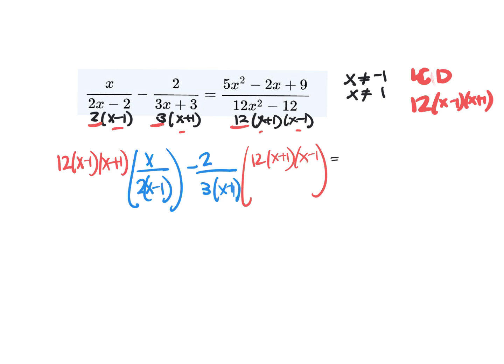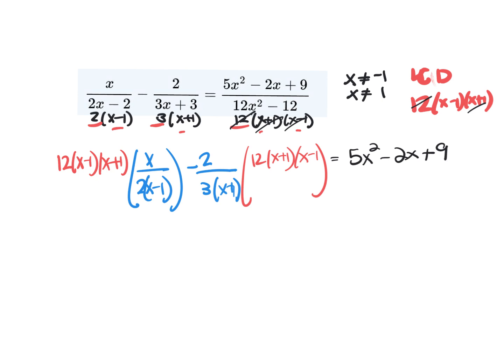And then we're going to have to multiply the last part of the equation by the lowest common denominator. And we can actually see that the 12 will cancel, the x plus 1 will cancel, and the x minus 1 will cancel. So really what we'll have over here remaining is the numerator.